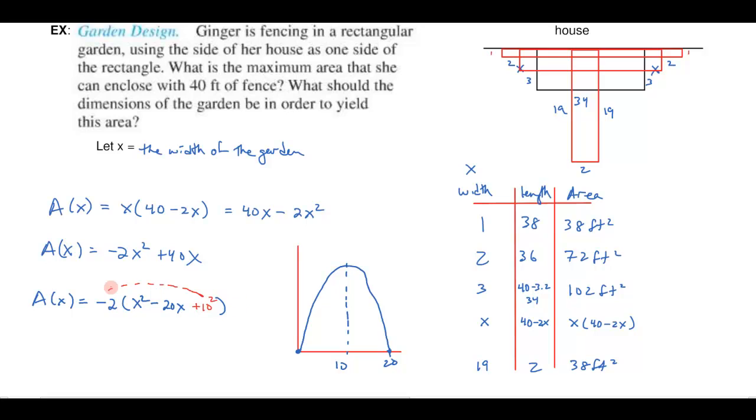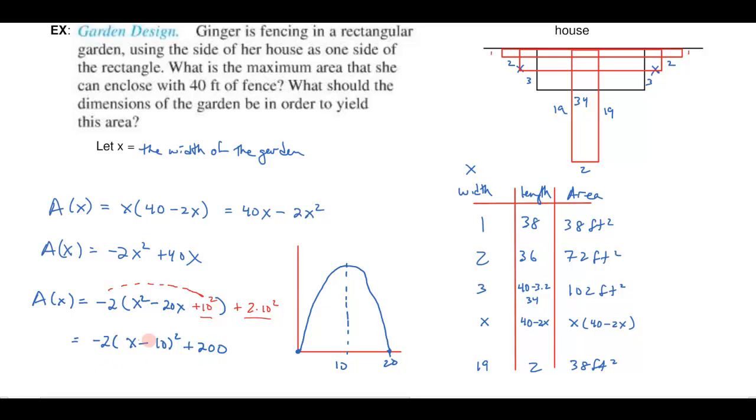So over here, if I subtracted 2 times 10 squared, I'm going to have to add 2 times 10 squared to compensate. Okay? So my area is going to be negative 2 times x minus 10 squared. When I complete the square, this is a perfect square, and I know I have to square x to get x squared and square 10 to get 10 squared. And the middle term will be this times this doubled, and that works. And then I get plus 200.